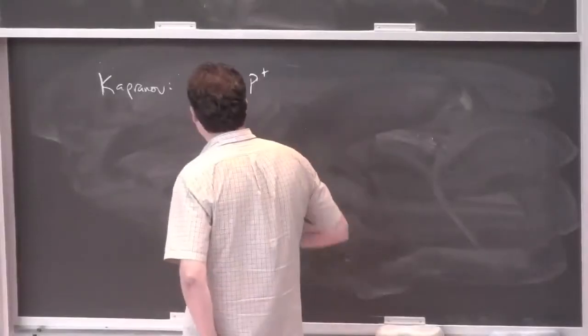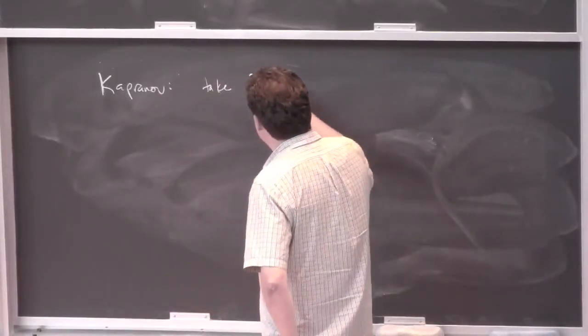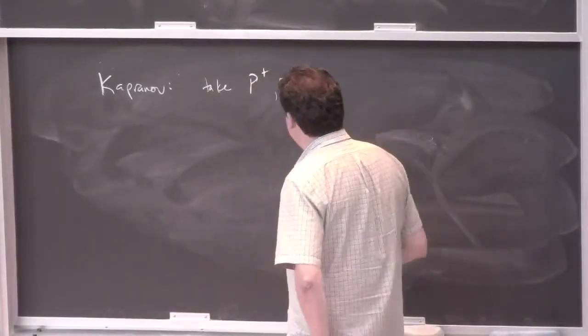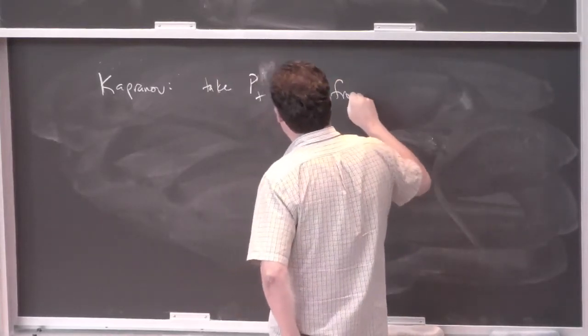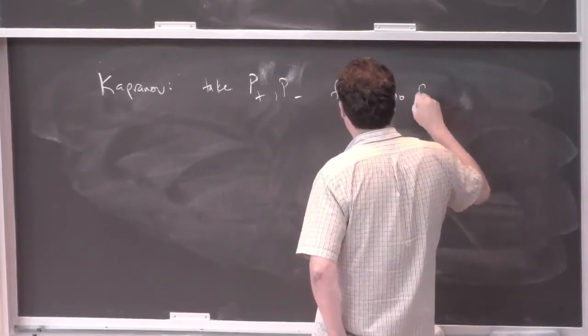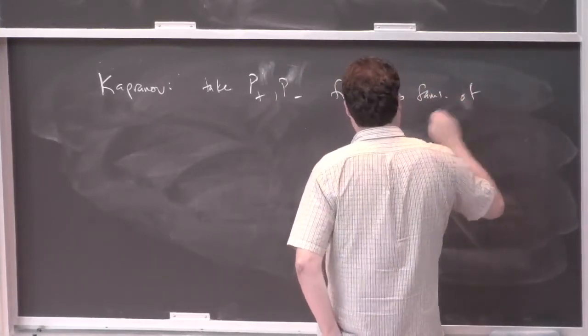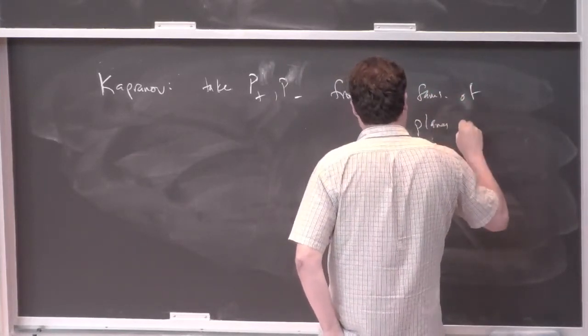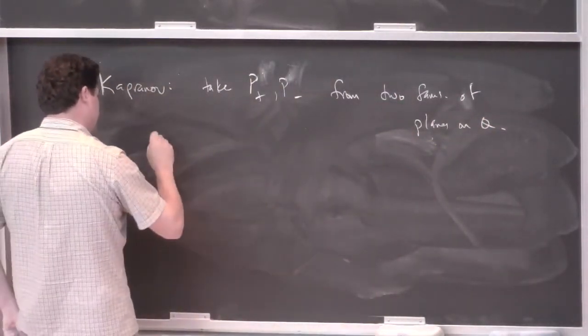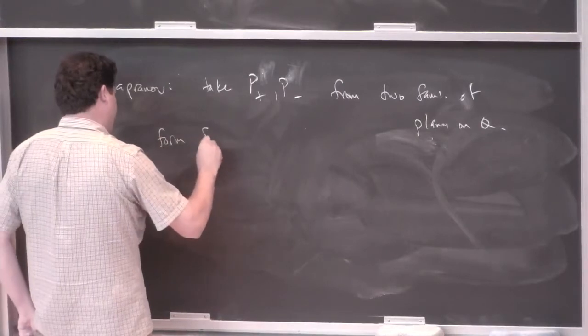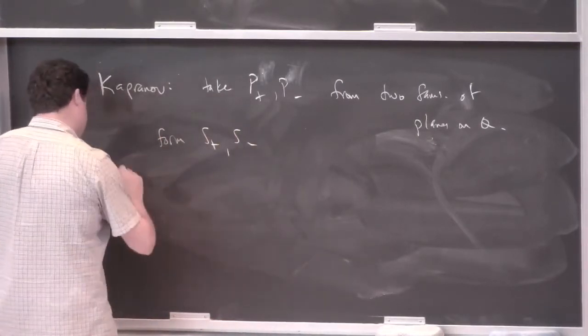Take a plane from one family, and a plane from another. Let's put the plus down. From the two families of planes on Q, form S plus and S minus.